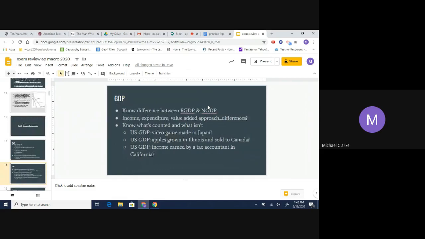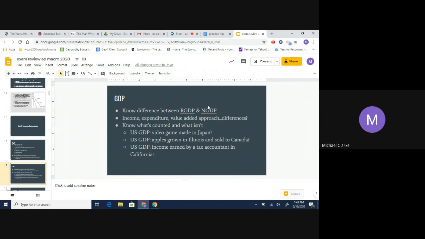Okay? All right, so here's some information to expand upon GDP. I already talked about the first bullet point. Know the differences between the 3 ways you can count GDP. You might get asked this on the test. I've seen it on some practice FRQs. There's the income approach, just adding up people's income throughout the entire economy.